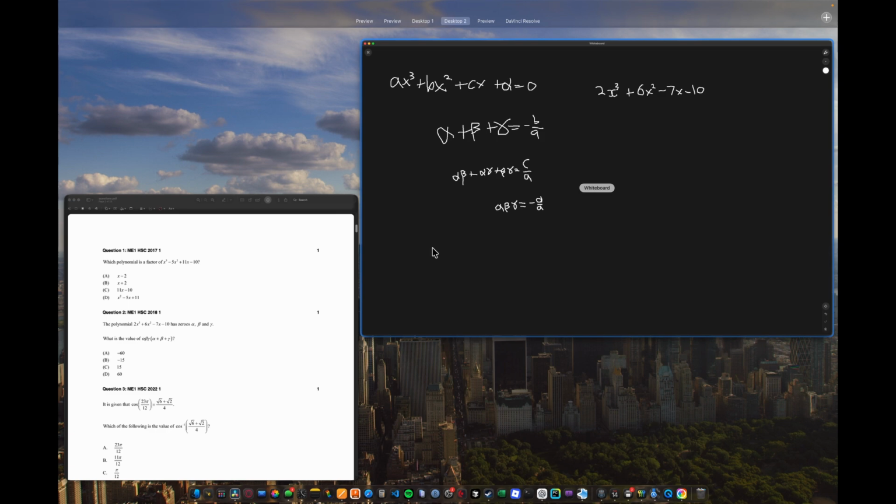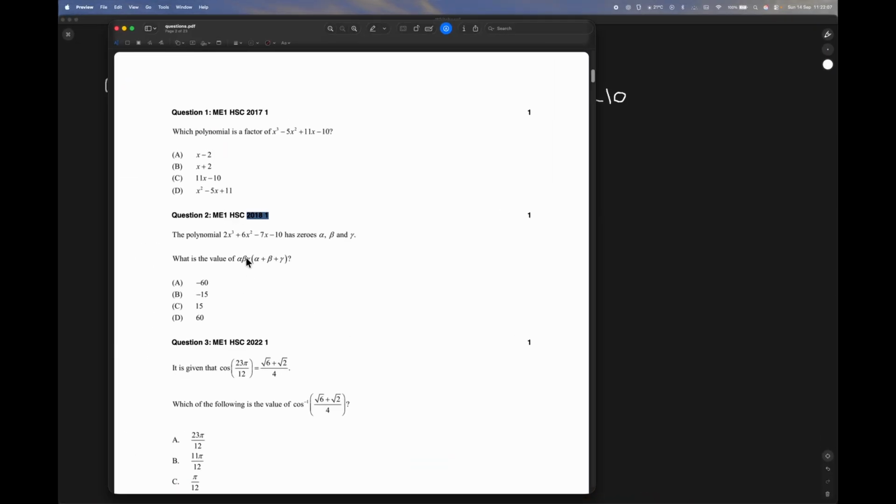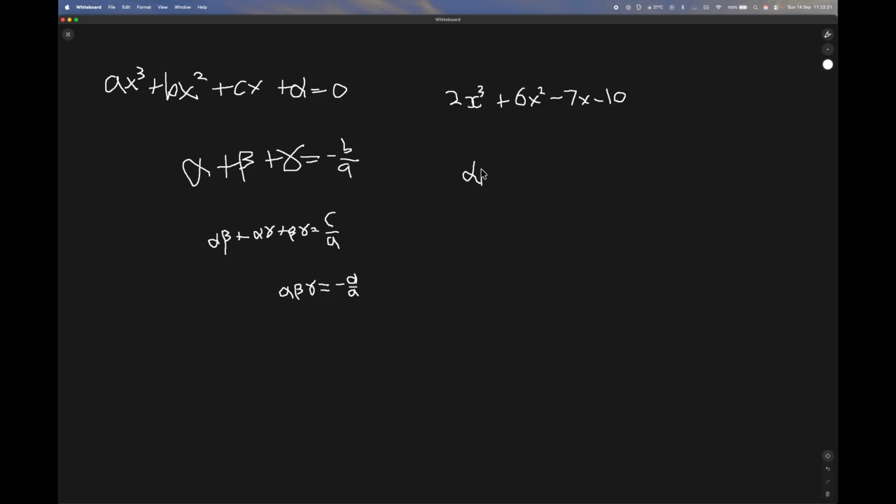So we're looking for the value of alpha beta gamma outside of alpha plus beta plus gamma.